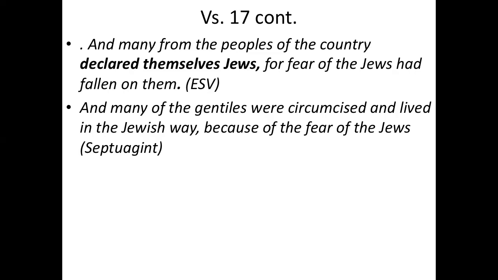Here's what it says in the Septuagint: and many of the Gentiles were circumcised and lived in the Jewish way because of the fear of the Jews. So they actually became Jews. Now you can't just declare, okay, I'm Jewish now.